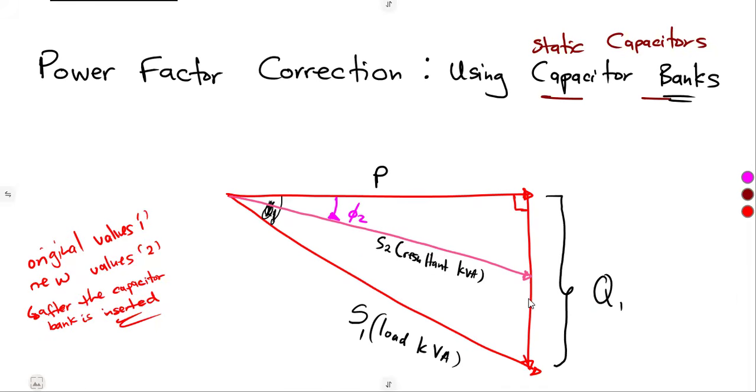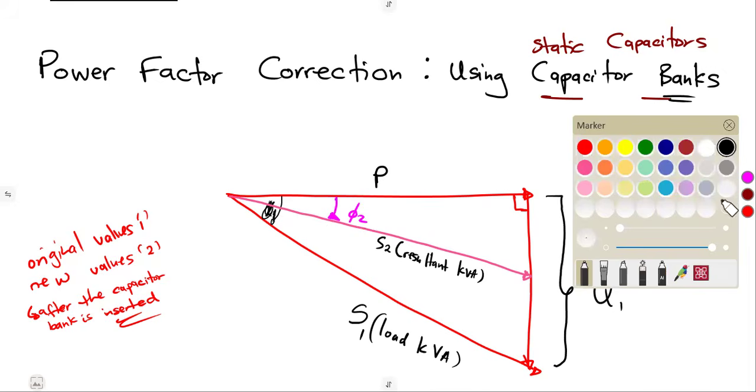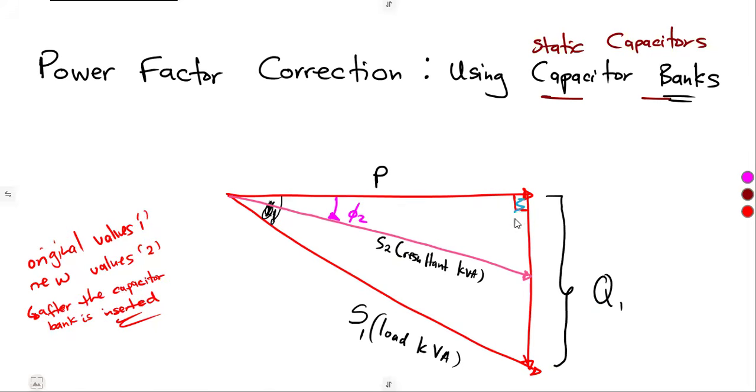The reactive power is also affected, because due to this phase angle that we have there, it is giving us this part here, which is our Q2, the new value for our reactive power. This is due to this phase angle that we see.